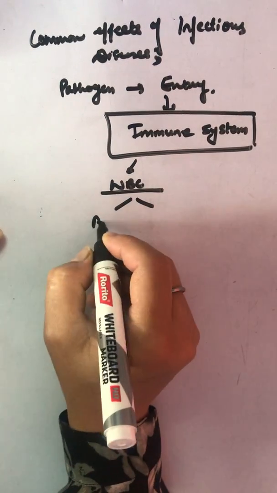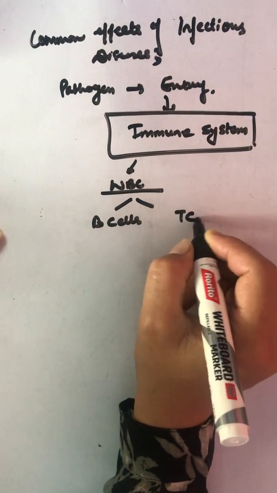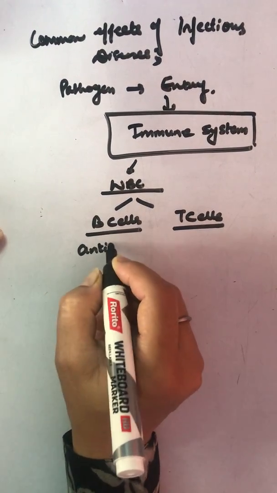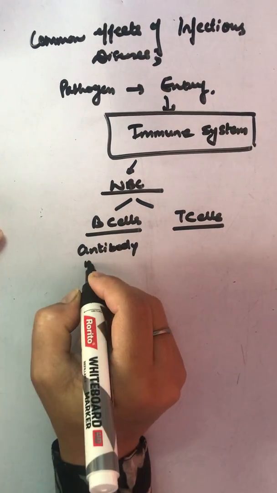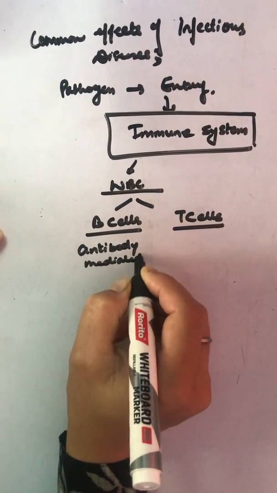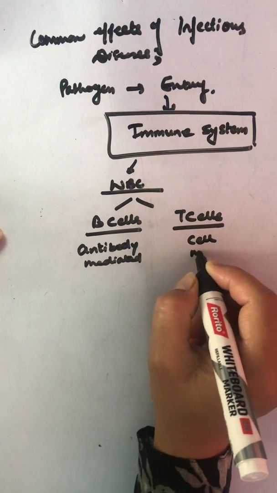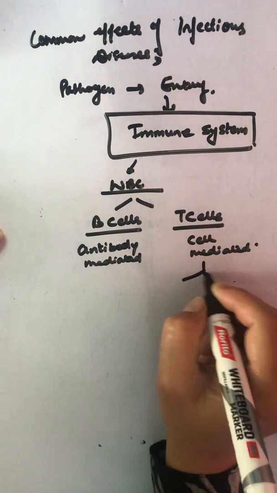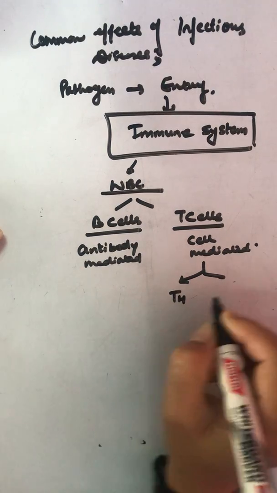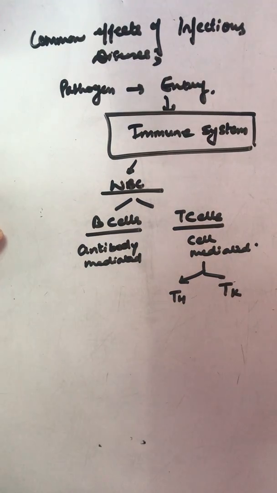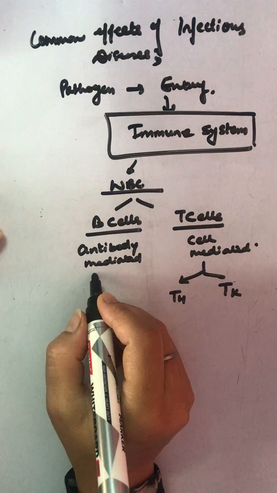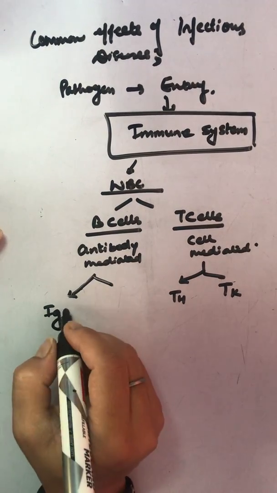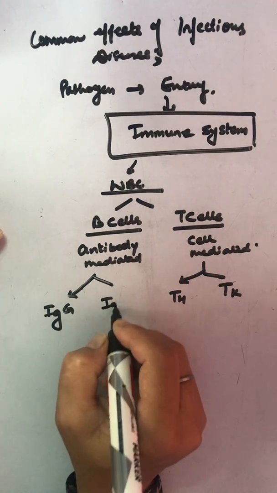These are of two types, B cells and T cells. Antibody mediated and cell mediated. Now these are T helper cells, T killer cells, and these are immunoglobulins, IgG, IgM.